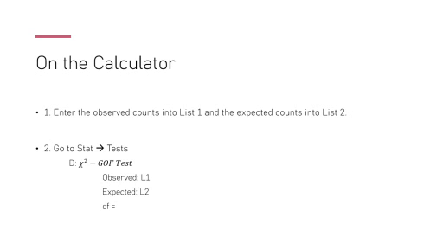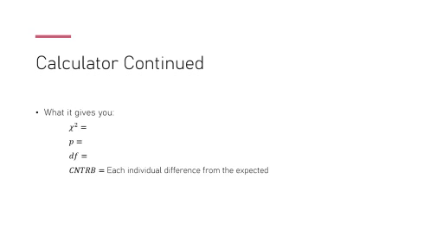Observed, make sure it's L1, expected L2, and then you have to state your degree of freedom, which in this case is 3 because there were 4 categories, 4 minus 1 is 3. After you push enter, it tells you what your chi-squared value is, that 10.97 number. It tells you what your p was, which was 0.012. This is going to be the easiest way to get your p-value.